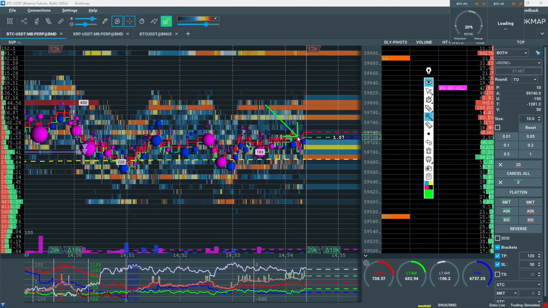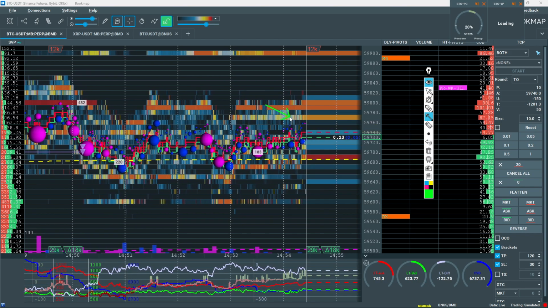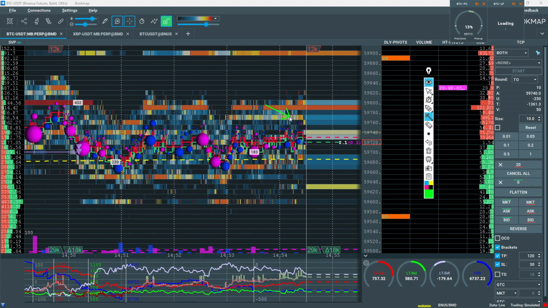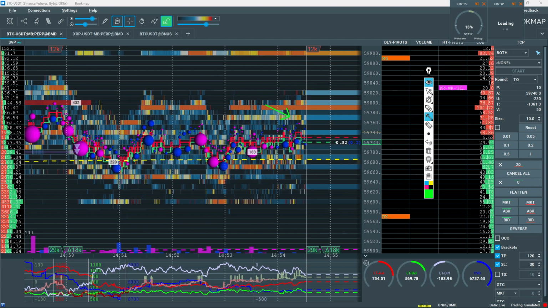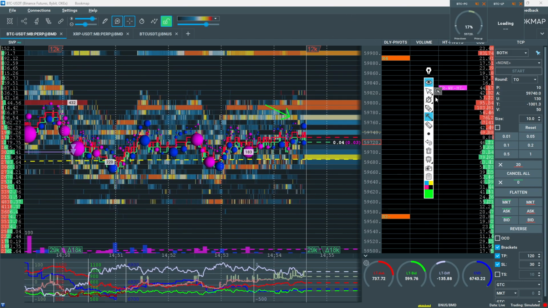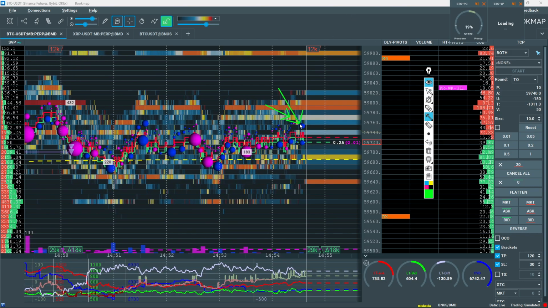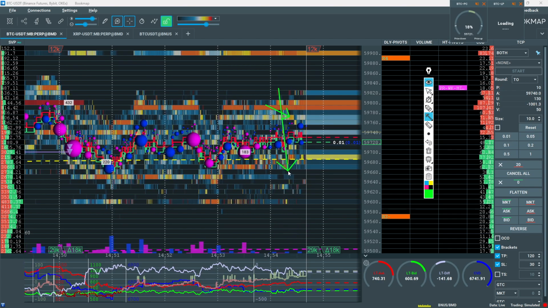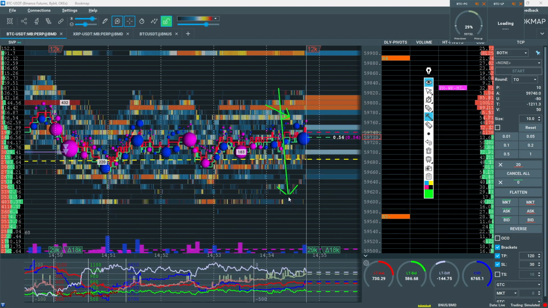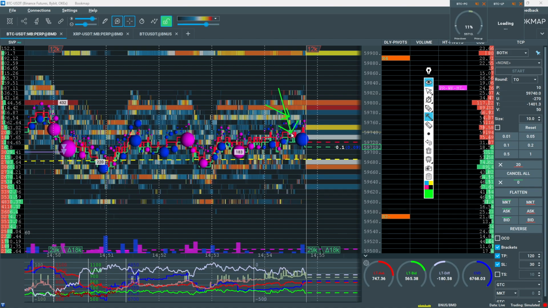Alright, starting to see a little something popping up here. Alright, we're getting something, no volume yet, but we're getting some movement to the upside. Alright, volume coming in a little bit.